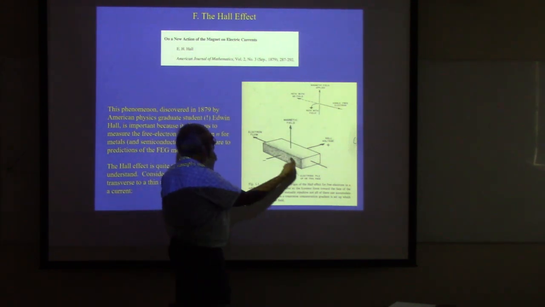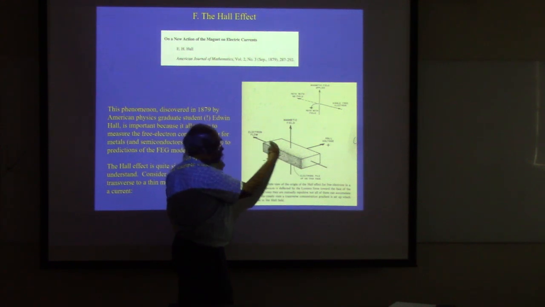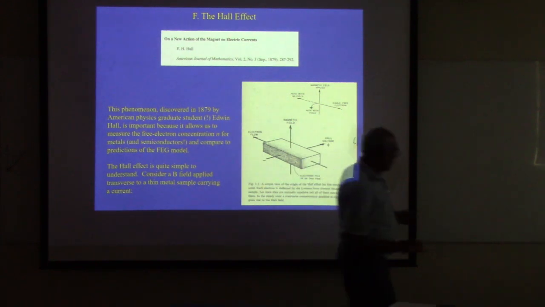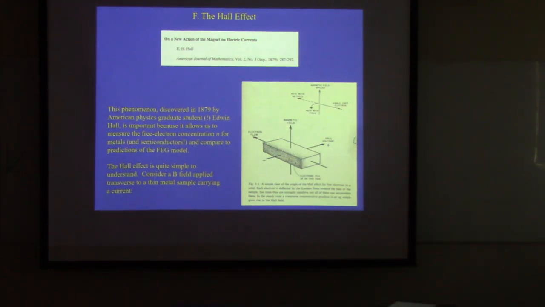So the electric field is this way, right? Everybody remember the Lorentz force? If you have a charge and an electric field, you get a force given by E times E, right? Is that clear? If you have a magnetic field, what will happen?